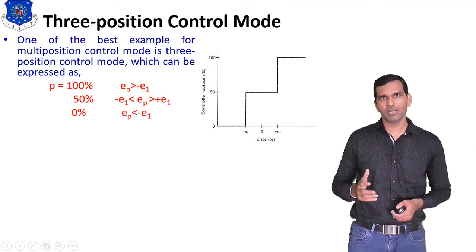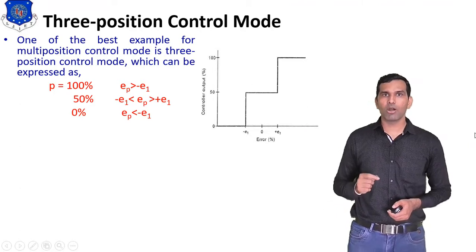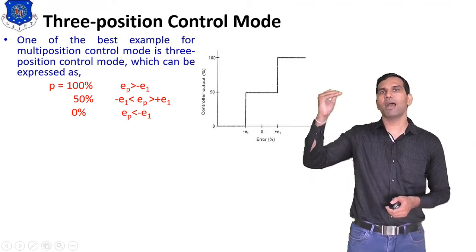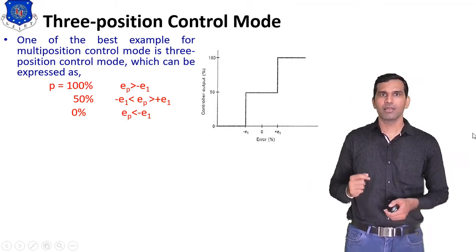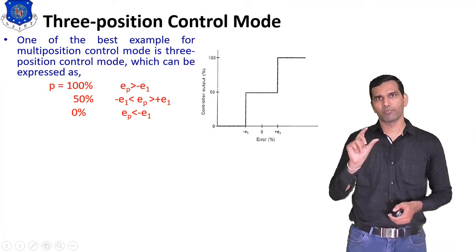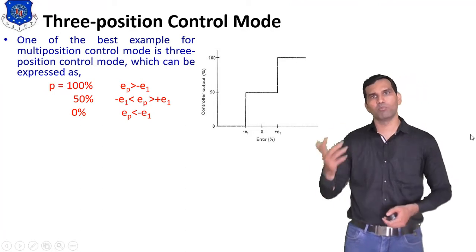You can see in the graph, in this figure, the control output is 100% when Ep is greater than minus E1, and 50% when the error is between minus and plus E1, and 0 when Ep is less than minus E1.